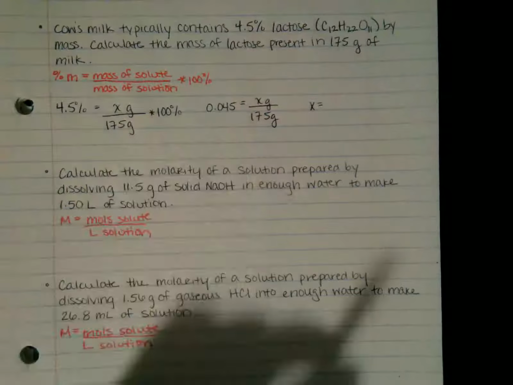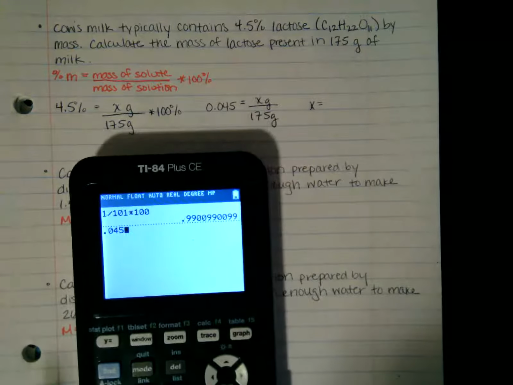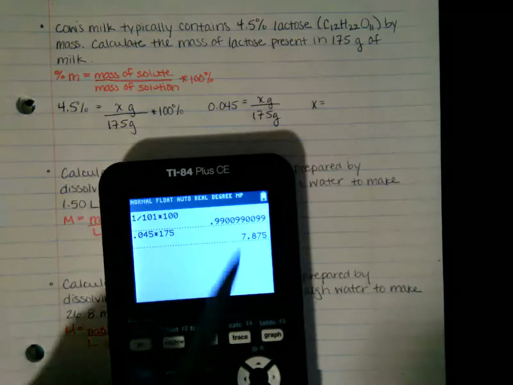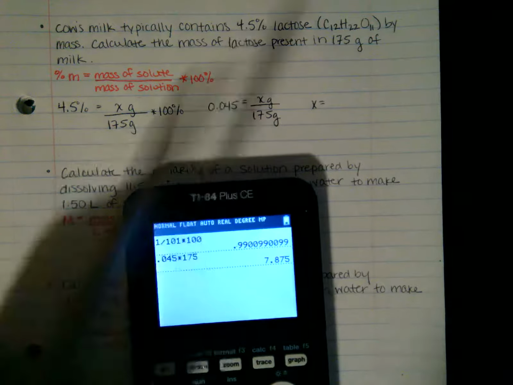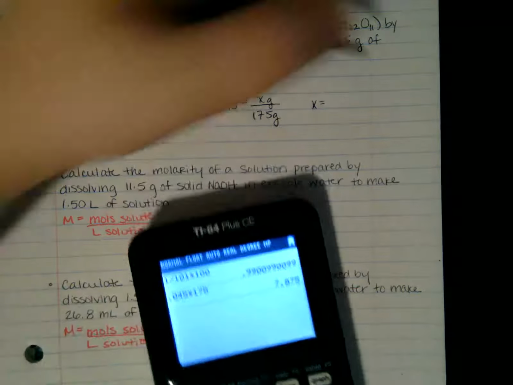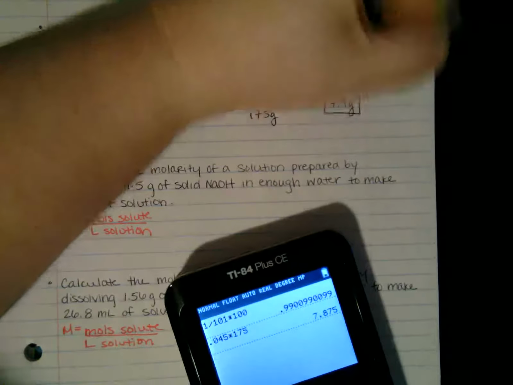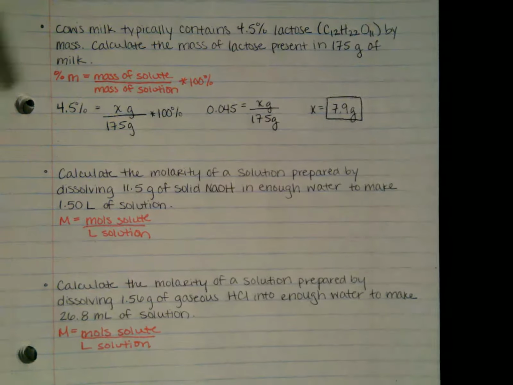So you need to take 0.045 times 175, and then we end up with 7. We want 2 sig figs here, 7.9 grams of lactose. Okay, so that's mass percent. It's super straightforward. Make sure if you have any questions that you're coming to the Zoom meetings and asking.